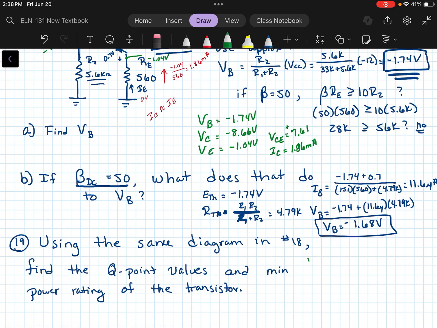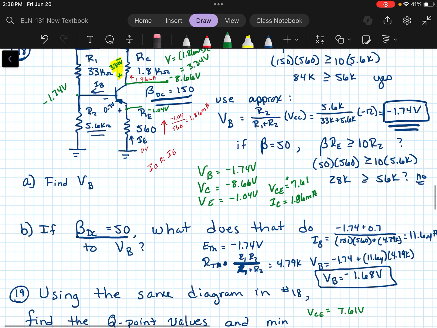So let me just write these down. So the Q point values are VCE is 7.61 volts. And okay, actually, let me look at this a little bit more. So we're going to see a voltage rise here of 7.61 volts. That's right. Okay, so we're just going to stick with, it should be negative.